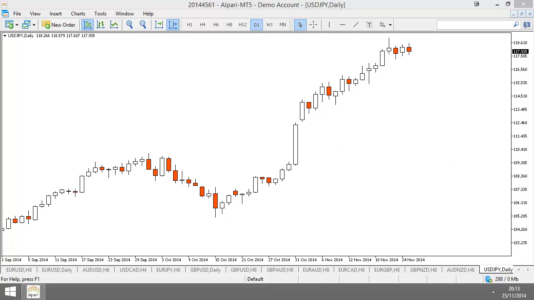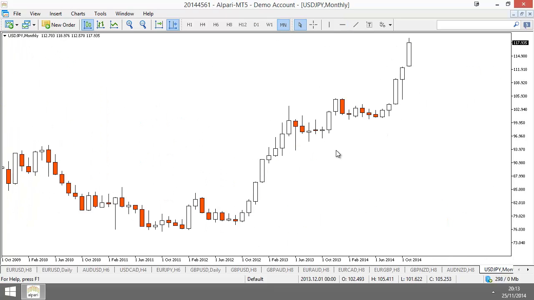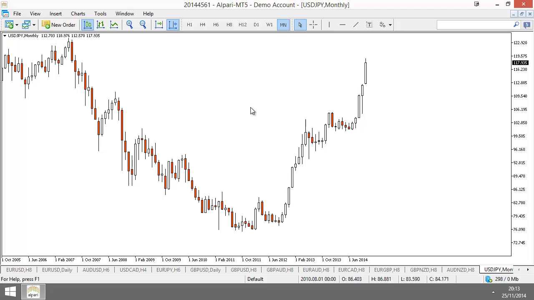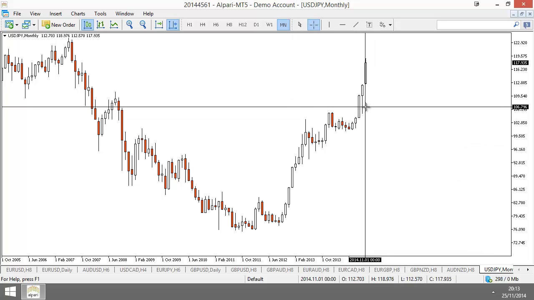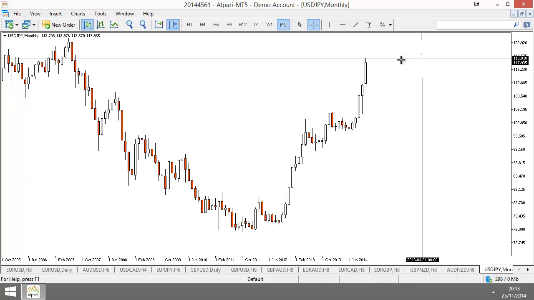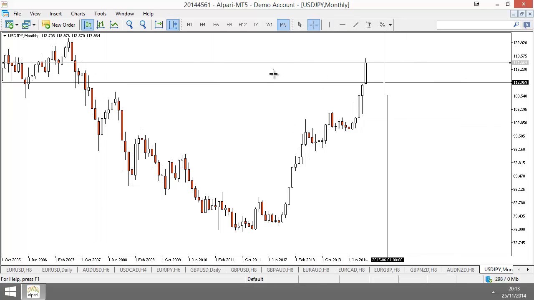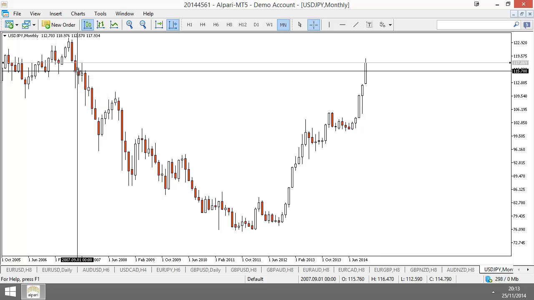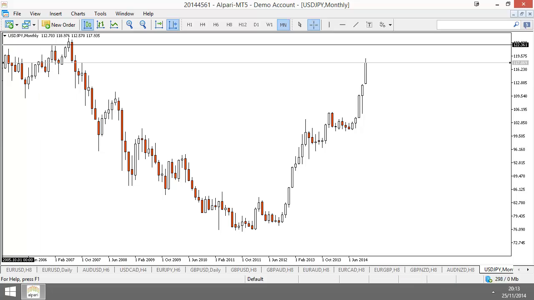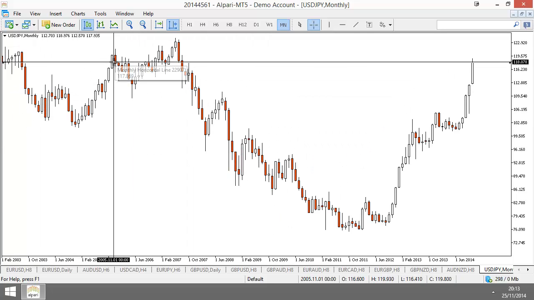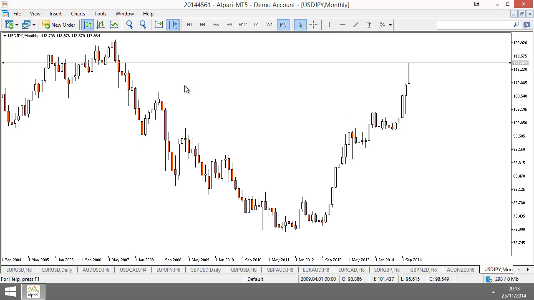Yeah, that's the other point. Look at the support resistance. This is a monthly chart. Last time price was here on USDJPY, because someone asked me to do USDJPY support resistance, was 2007. How could we possibly place good support resistance on this pair? You'd have to go back to 2007.